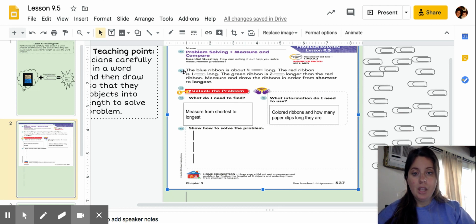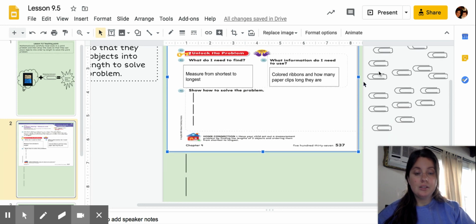All right. The blue ribbon is about 4 paper clips long. So I'm going to take 4 paper clips. I'm going to put it along this first line, and then I'm going to draw a blue ribbon.